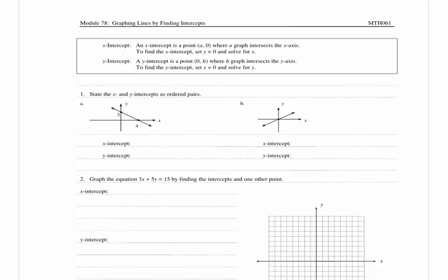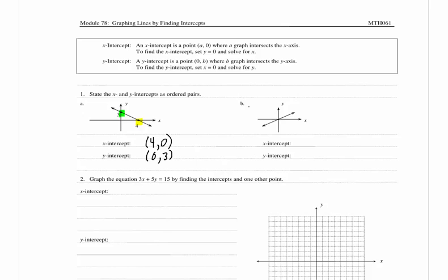In 1, it says state the x and y intercepts as ordered pairs. In A, we have an x-intercept here at the point 4, so our ordered pair is (4, 0). And our line intersects the y-axis at 3, so our ordered pair for the y-intercept is (0, 3).